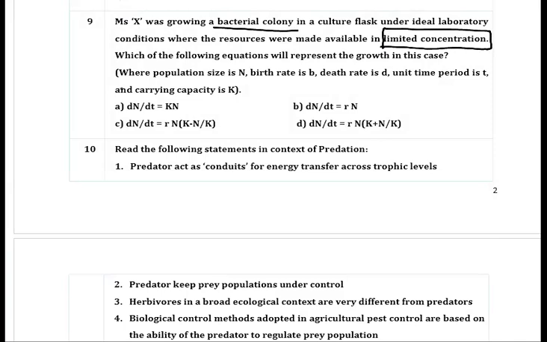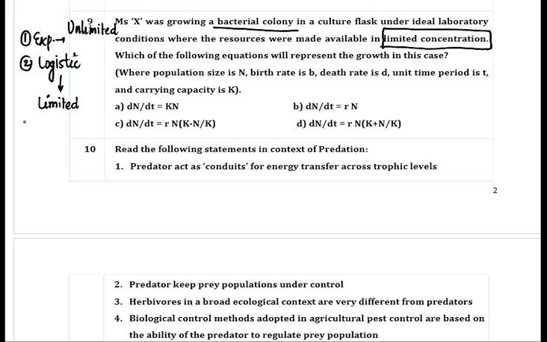In ecology, we studied two types of growth curve, if you remember. One was the exponential growth curve and the second was the logistic growth curve. Exponential growth happens when the resources are provided in unlimited condition. And when the resources are limited, the growth observed is the logistic one.